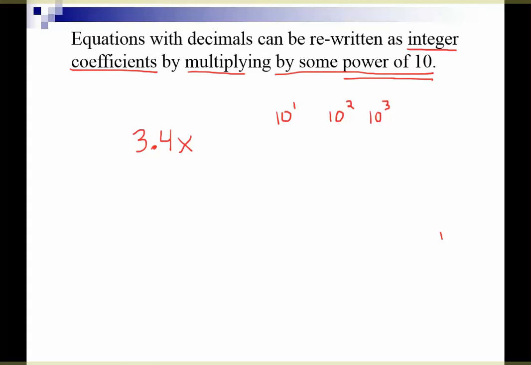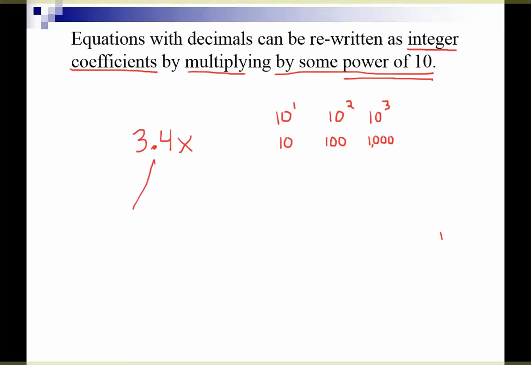So 10 to the first is 10 itself. Remember, 10 to the second is 10 times 10, so that's 100. 10 to the third is 10 times 10 times 10, that's 1,000. 10 to the fourth would be 10,000, so on and so forth. So we want to multiply by one of these powers of 10 to make the decimal go away.